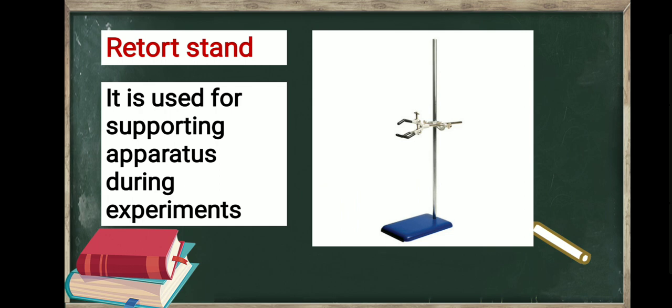So at that time we will use the retort stand. We will place our filter funnel over there, put our beaker below, and then pour the mixture into the filter funnel. So it will support our apparatus. The retort stand is used for supporting the apparatus during experiments.